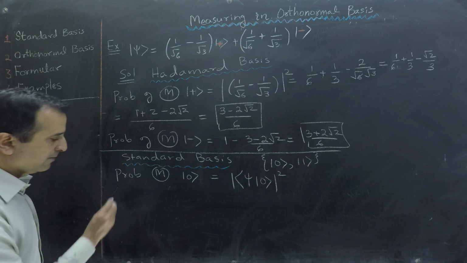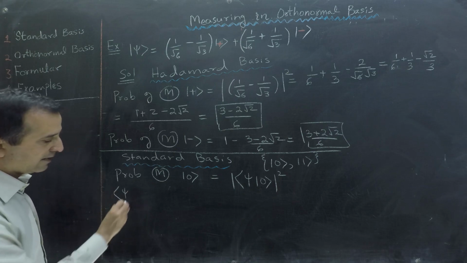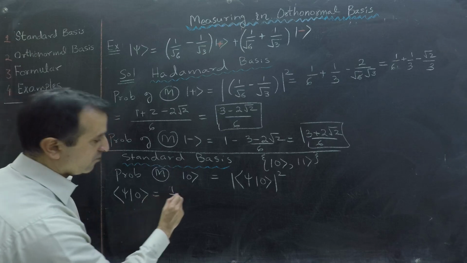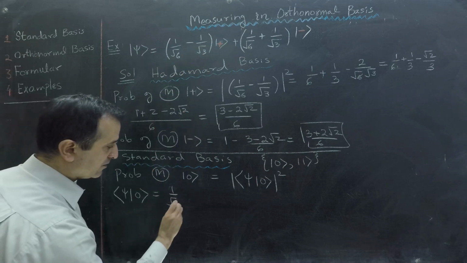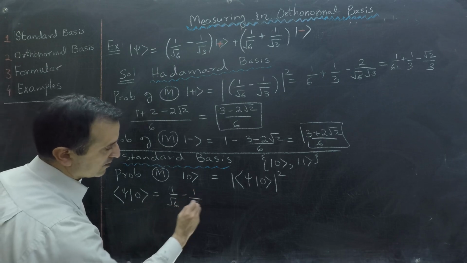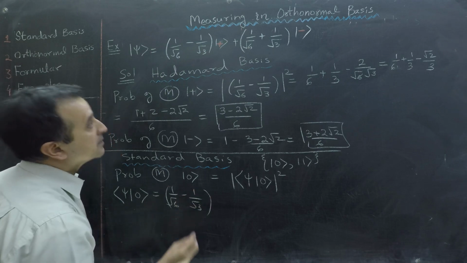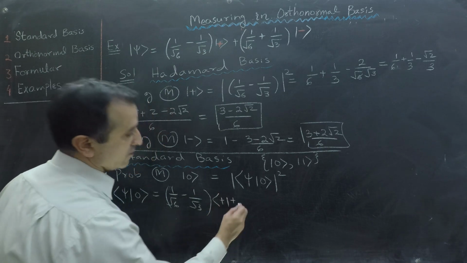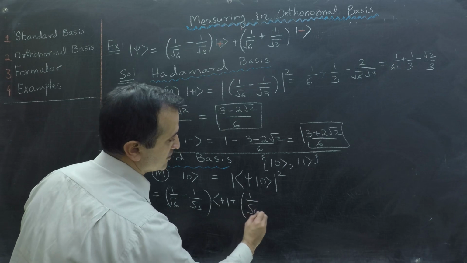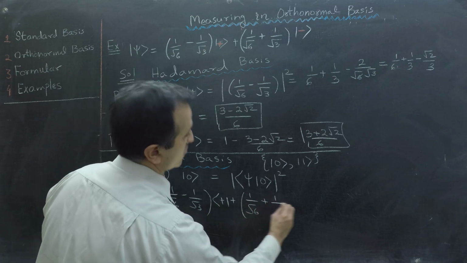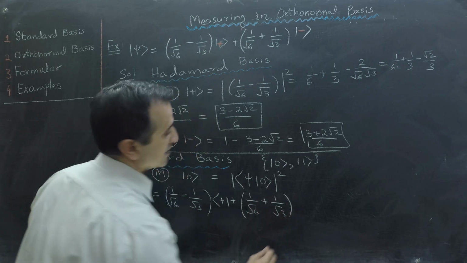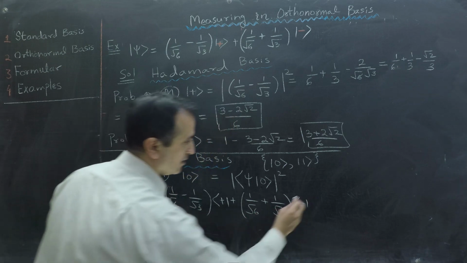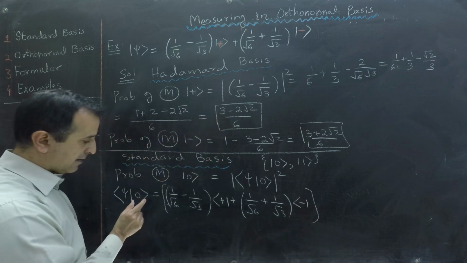Now let's calculate the dot product of ket psi and ket 0, and then we will scale it. My bra psi ket 0 will be equal to 1 over square root of 6 minus 1 over square root of 3 times bra plus, plus 1 over square root of 6 plus 1 over square root of 3 times bra minus, and this whole thing will be multiplied by ket 0.